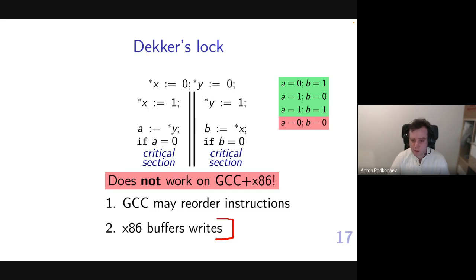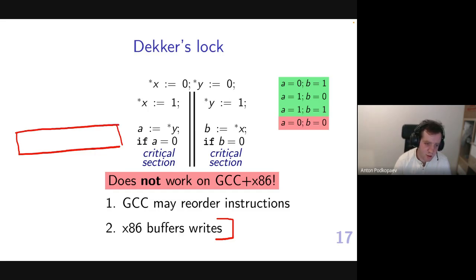So it means that, for example, let me draw something here. Suppose we have our main memory, which in the beginning of the thread executions assigns both x and y to 0.